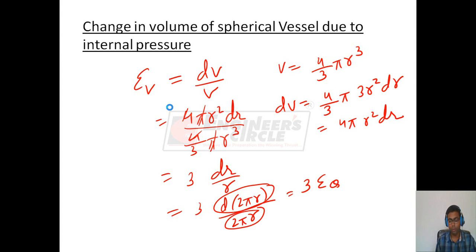Therefore, we can write the volumetric strain epsilon v as 3 times epsilon theta, and epsilon theta was 1 minus mu by E into PD by 4t. So we have found the volumetric strain in a spherical pressure vessel due to internal pressure P.